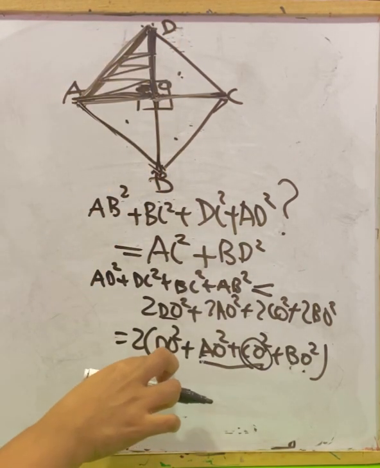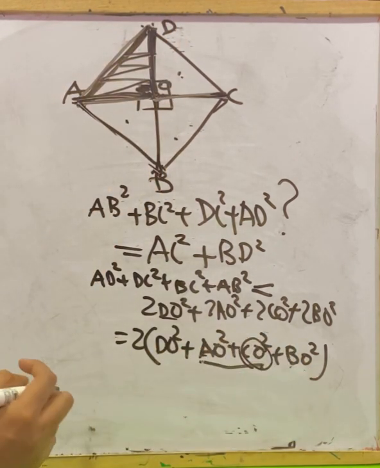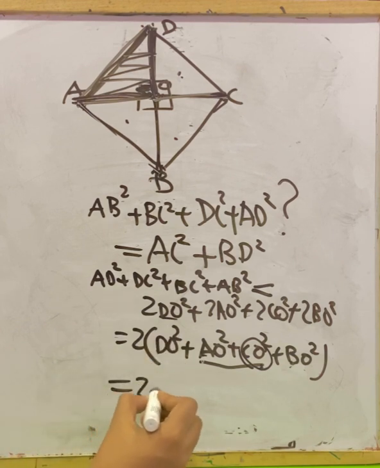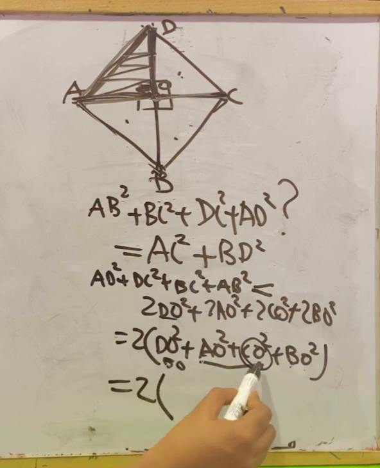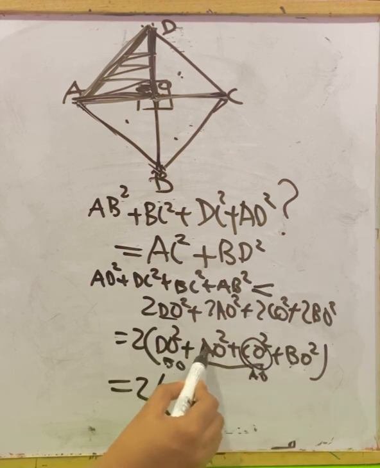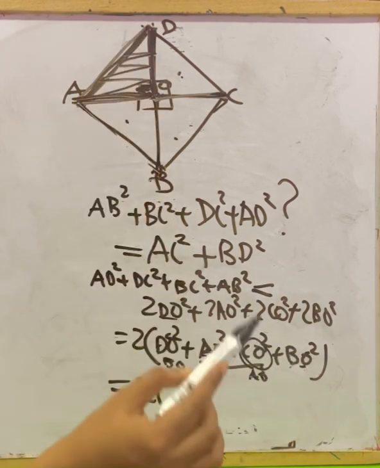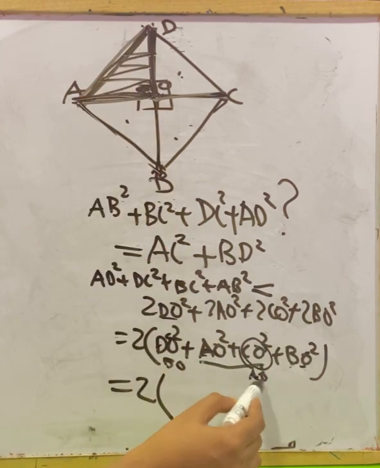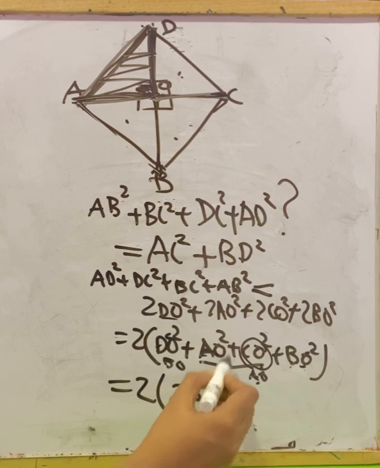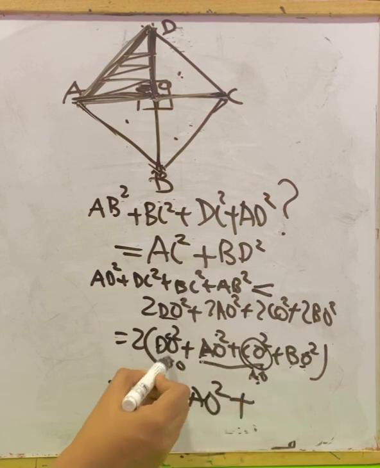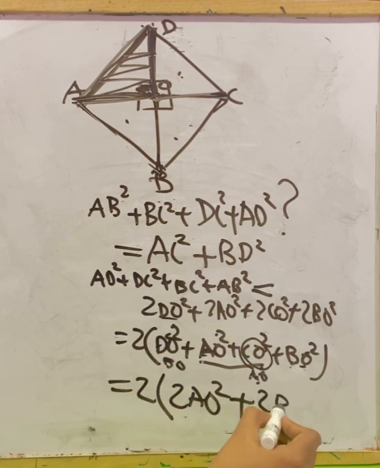Instead of DO, we will write BO. So this becomes 2 into, comparing with the figure, AO plus AO is 2AO square plus BO square plus BO square is 2BO square.